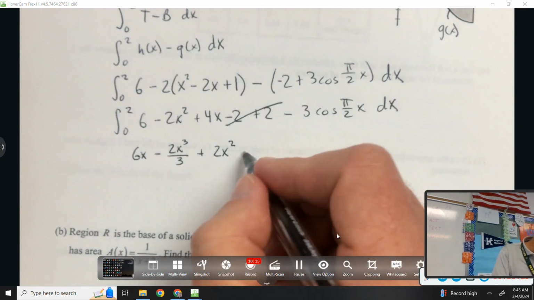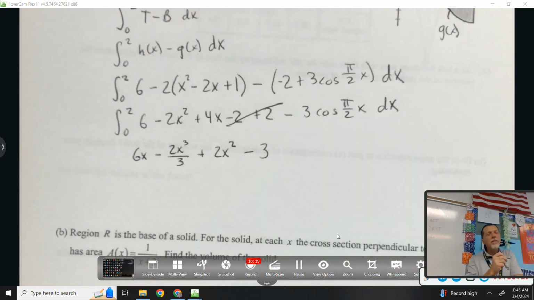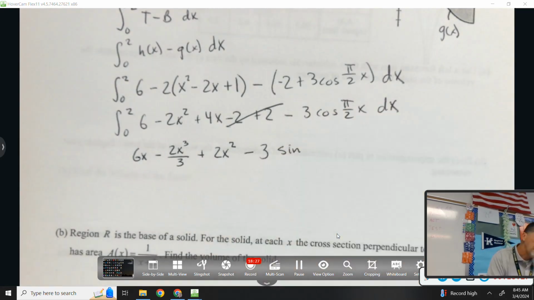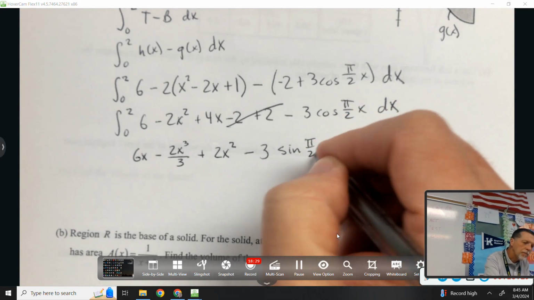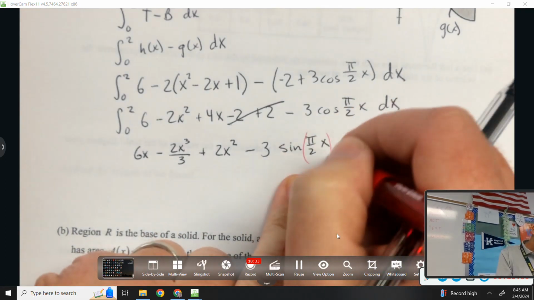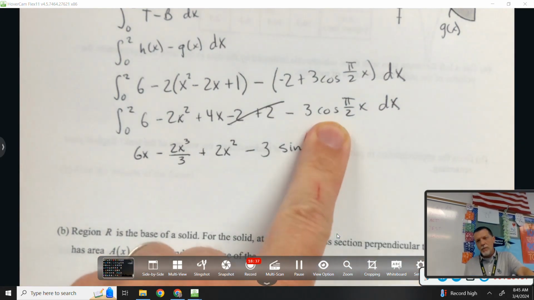And then I'm going to need to be real careful on this one. Antiderivative of cosine is sine, so it'll stay negative. Argument stays the same. But that inside stuff there, that pi over 2, if I took a derivative of this, I'd be multiplying by pi over 2.